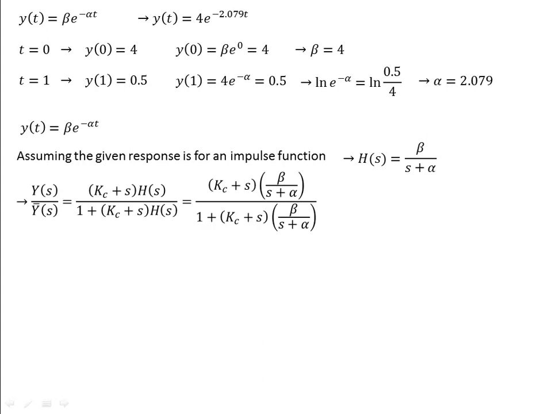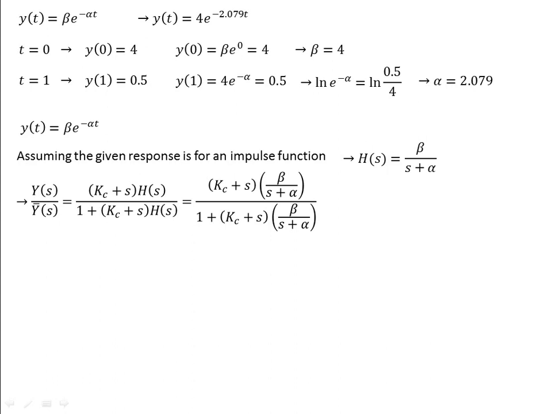If you look at the closed loop transfer function and find the equivalent transfer function of the closed loop system, we have (Kc plus s) multiplied by H of s over 1 plus (Kc plus s) multiplied by H of s. If we substitute the transfer function H of s in this relation, we get (Kc plus s) multiplied by beta over s plus alpha, over 1 plus (Kc plus s) multiplied by beta over s plus alpha.